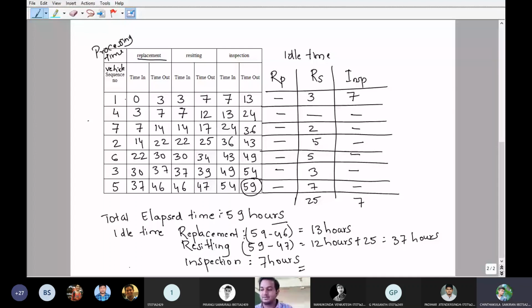Now I will show you more. This is important: I have seen in the question paper also that sometimes they have given the Gantt chart. In industry, they follow the Gantt chart to prepare the idle time. They won't look at all these numbers, because they maintain it more in the Gantt chart.